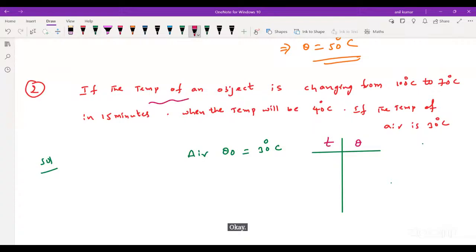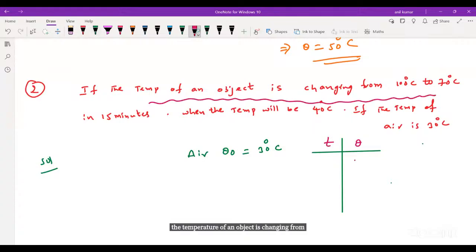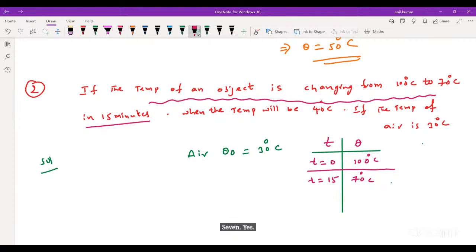The temperature of an object is changing from 100 to 70. In how many minutes? 15 minutes. Initially the temperature is 100. After 15 minutes, what is the temperature? 70. Within 15 minutes, the temperature drops from 100 to 70.